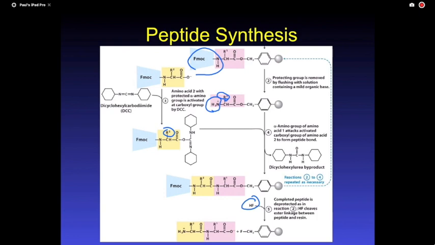Now, here is the saving grace. Okay? This incoming amino acid that is protected and activated can be purchased directly from the company already activated, already protected, and the R groups are protected already. And so when you do this, I actually worked next to a core lab that did this. What you do is you get these little vials and you fill up which amino acid you want and you put it on the rack.